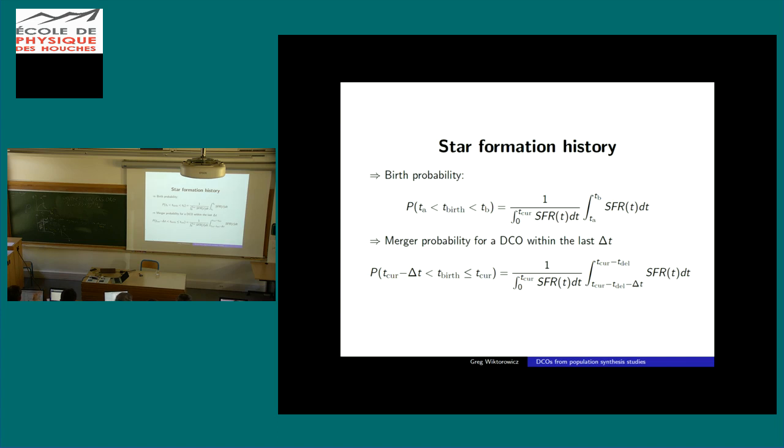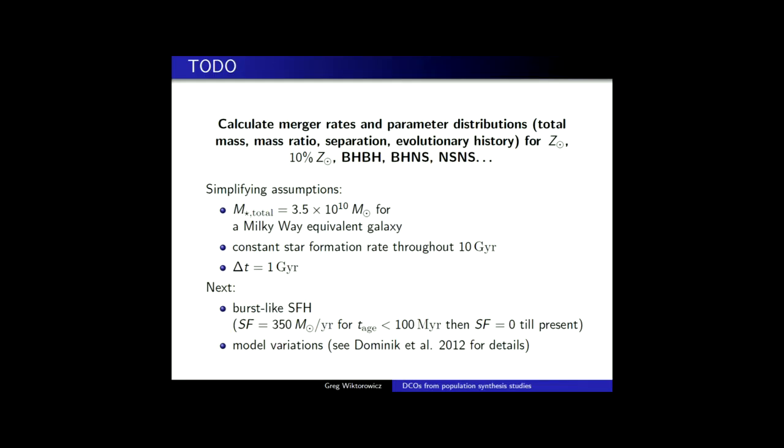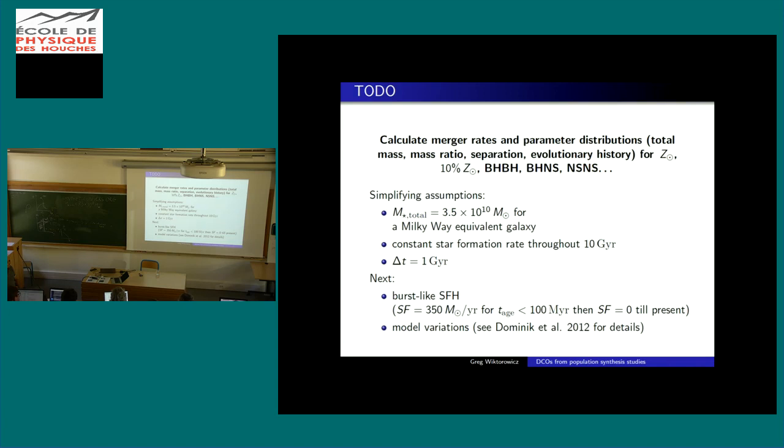Actually, if the star formation rate is some simple function like a constant function, we can do it analytically. When we want something more complicated, more realistic, then we need a real integration. For a constant star formation rate, we have a total mass for a galaxy of 3.5 times 10 to the 10 solar masses, and the age of a galaxy of 10 billion years.